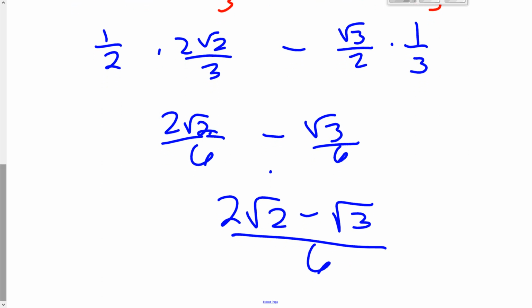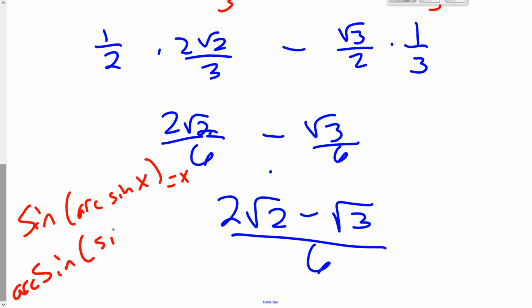So, real quick note, anytime you take sine of arcsine of x, your answer will always be x, or any of the trig functions. And the same is true as arcsine of sine of x is equal to x as well, right? They're inverses, so they're just going backwards.